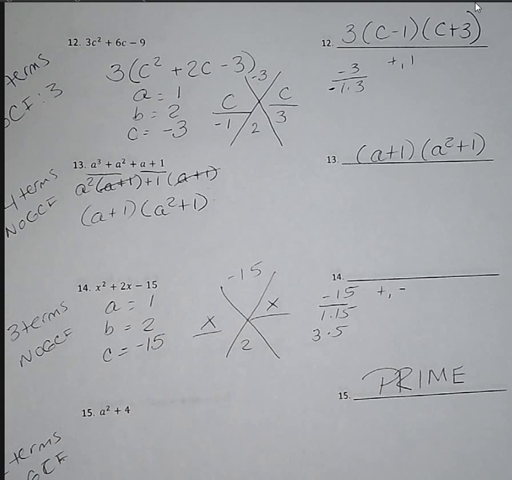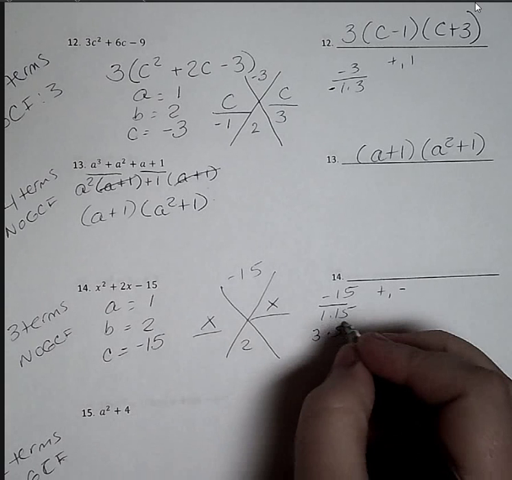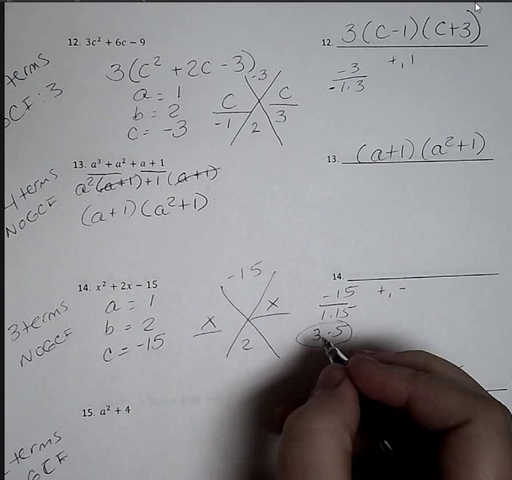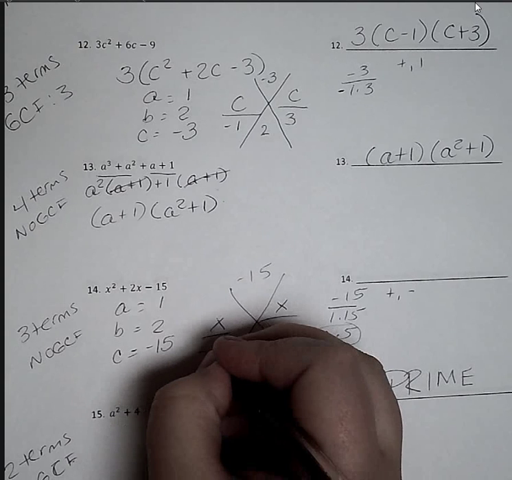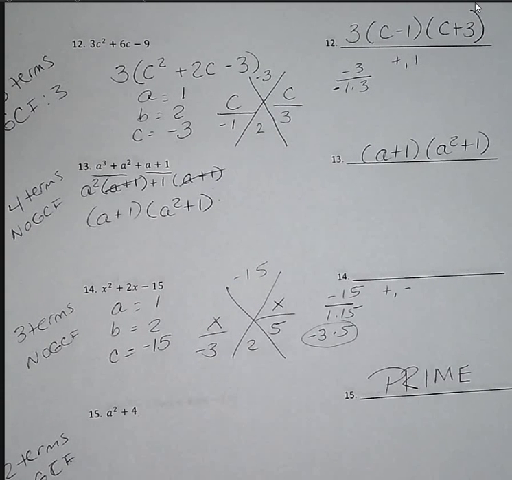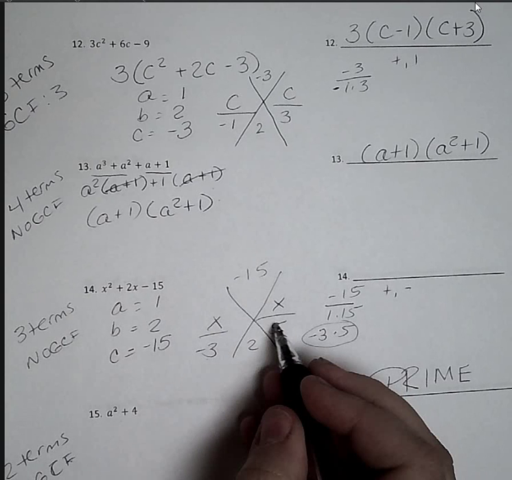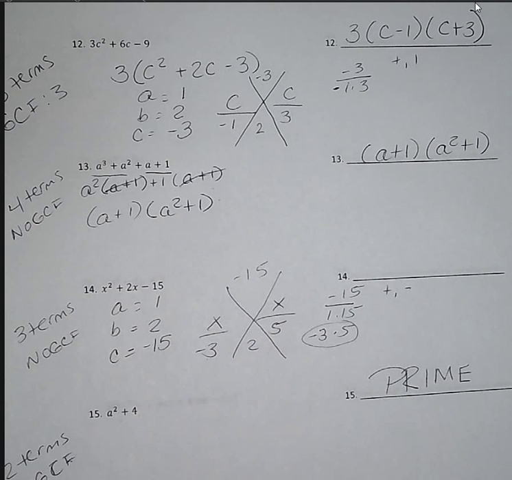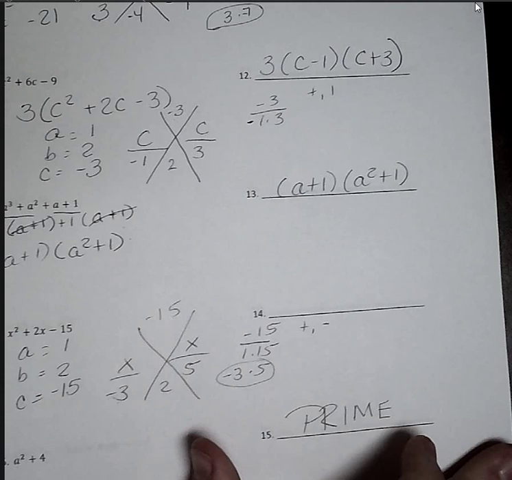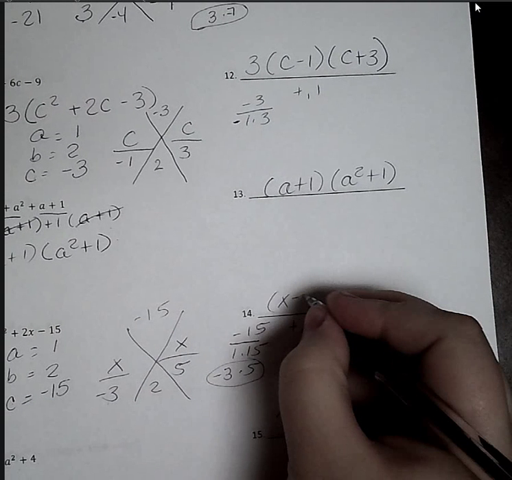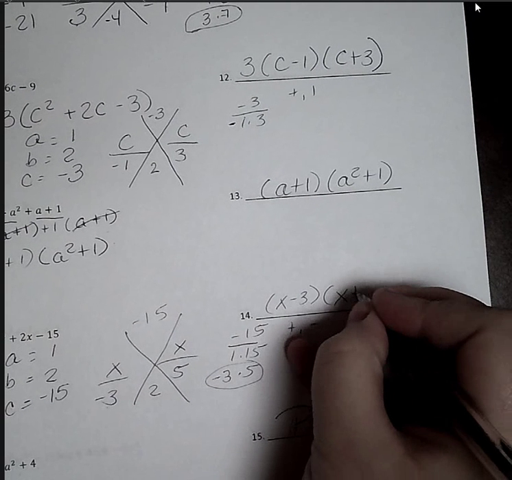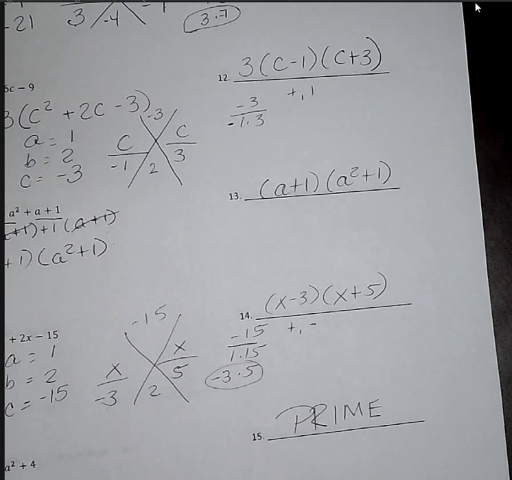So I'm going to use the 3 and the 5, and I'm going to make the 3 negative. So negative 3 times 5 is negative 15. Negative 3 plus 5 is a positive 2. So we are on the right track. So I have x minus 3, x plus 5. We are good to go.